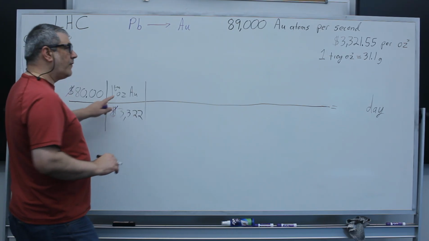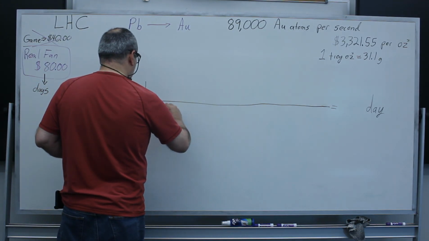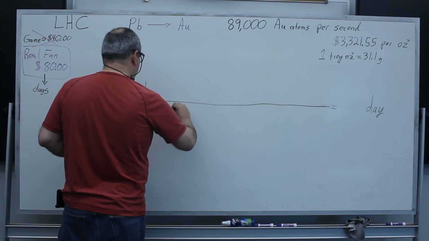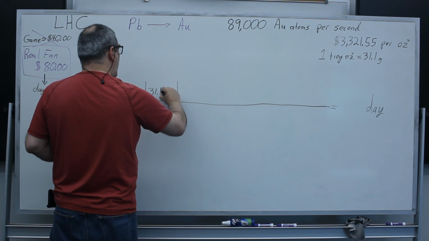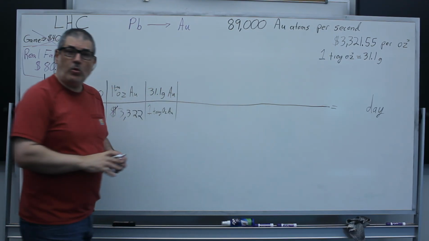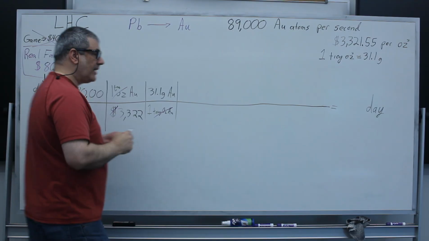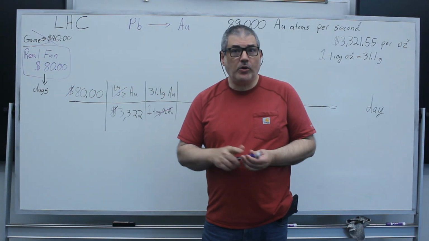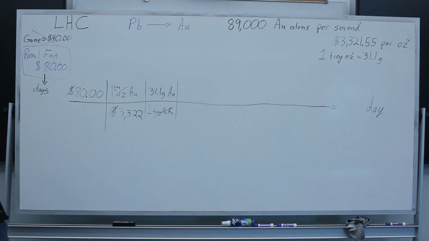So I'm going to convert 1 troy ounce of gold to 31.1 grams of gold, okay? Troy ounces cancel. Now I'm in grams of gold. And now we've got something that we can latch onto.